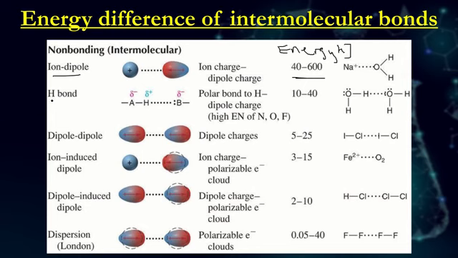Hydrogen bond, 10 to 40, dipole-dipole, 5 to 25, ion-dipole induced, which is just a special case of dispersion with this bit here. And then you can see dispersion forces, obviously the weakest one out of the lot.